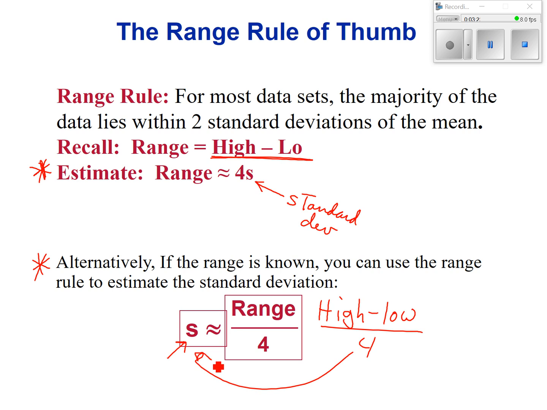It's not going to be exact. That's why it's called a rule of thumb, because we're given a quick estimate. So that's just a way to quickly estimate what the standard deviation is of a set of data.